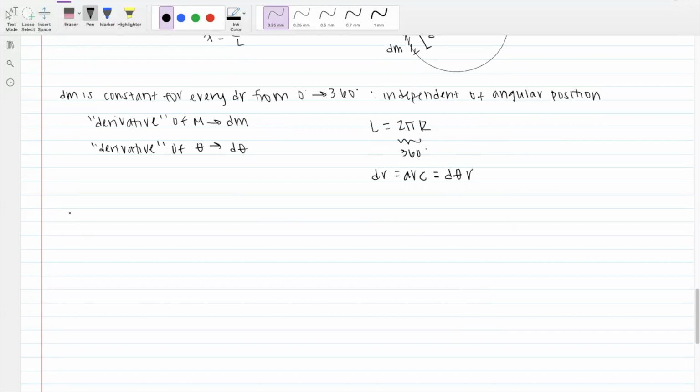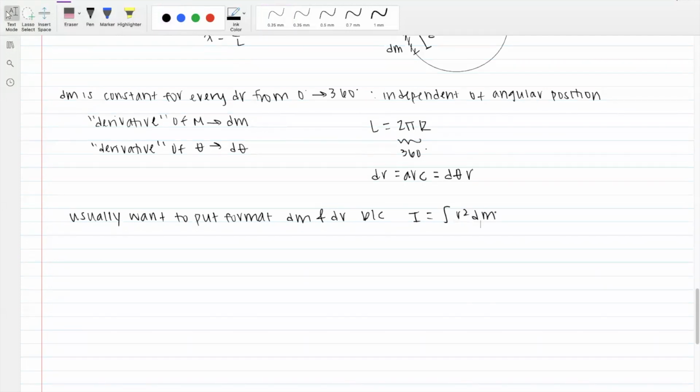And as we mentioned before, we usually want to put it in the format of dm and dr because moment of inertia is equal to the integral of r squared dm.